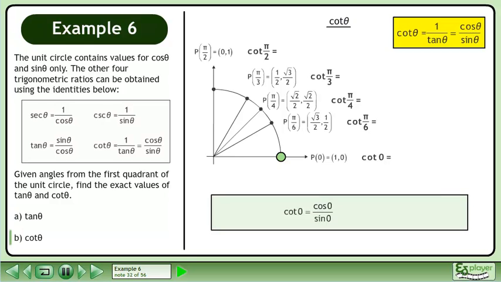Cotan 0 is equal to cos 0 over sine 0. The cosine of 0 is 1, and the sine of 0 is 0. One divided by 0 is undefined. The exact value of cotan 0 does not exist.